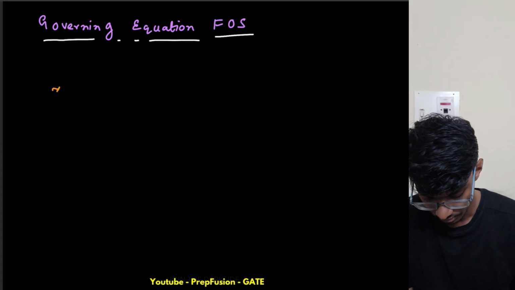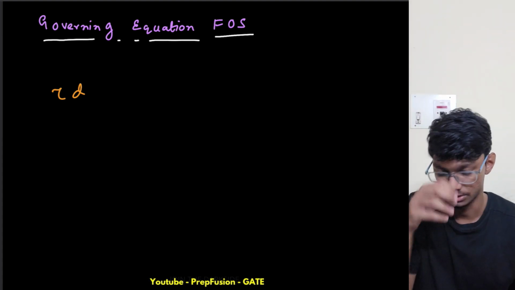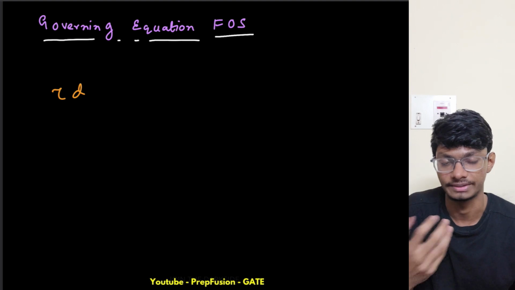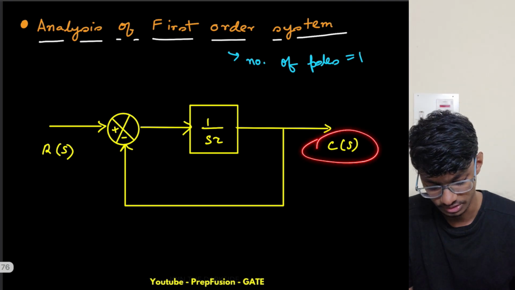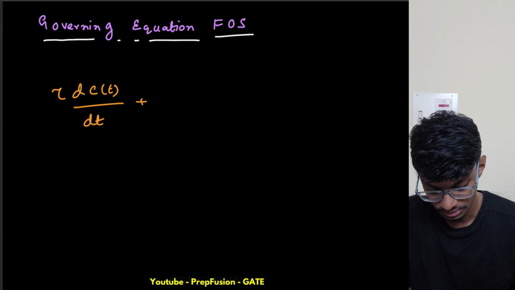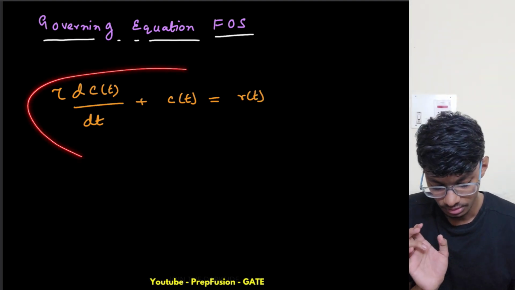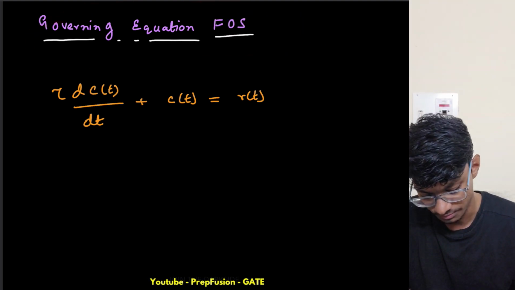We have a linear differential equation which is tau, and let me denote my output as y, and my input as r. You can denote input as u, whatever you want to. I will denote my output as c, because here I have given the output as c of s. So this will be tau dc/dt plus c(t) equals r(t). This is my simple differential equation, the governing equation of a first order system.